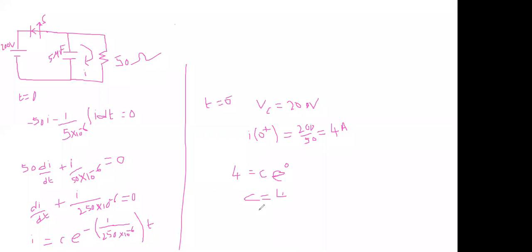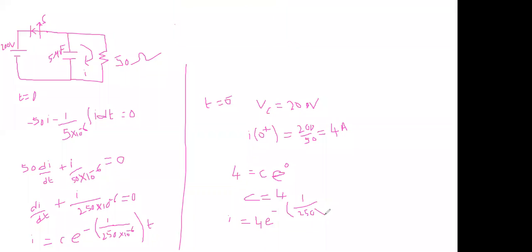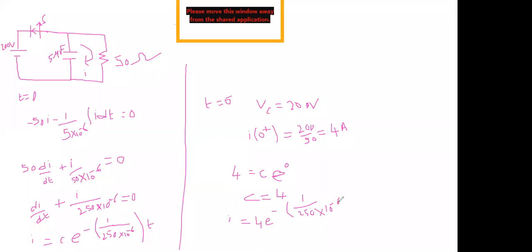Then the solution of the equation is I equal to 4 into e power minus 1 by 250 into 10 to the power of minus 6 into t.